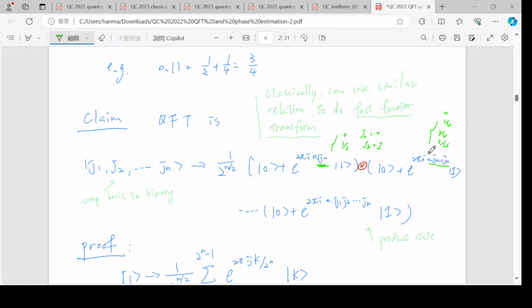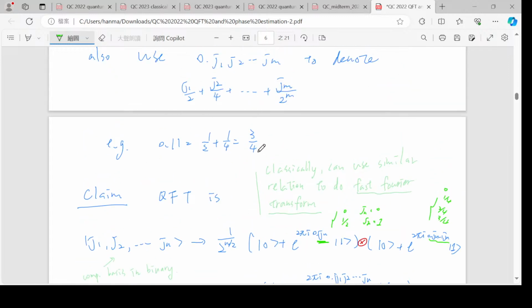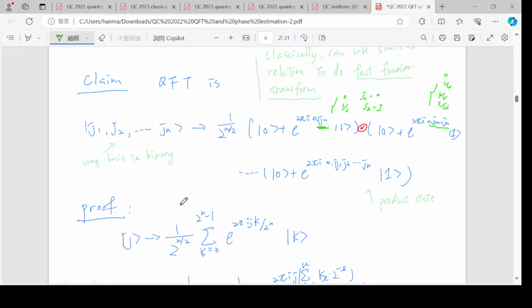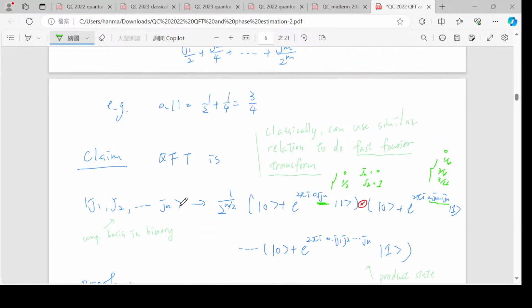So you have a 3-bit number after the 0 point, and so on. And all the way to the last qubit, it will be 0 plus 1 with a phase of e to the 2 pi i 0 point j1, j2, all the way to jn. It is still a number between 0 and 1, but it's a quite long binary decimal number, a binary fraction.